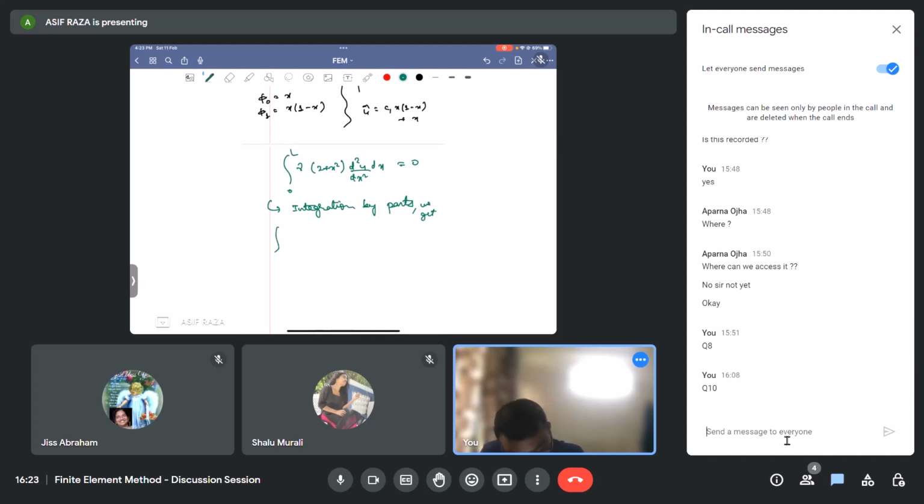What do we have here? This is where I was having a doubt a bit. My second function is what?